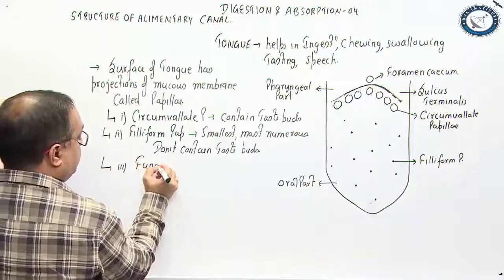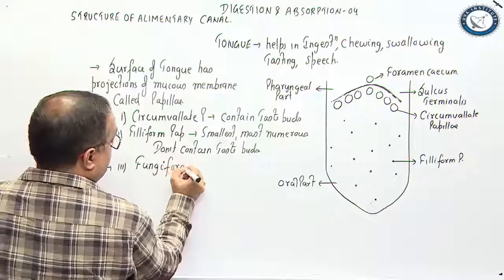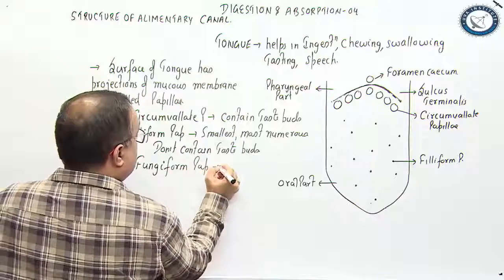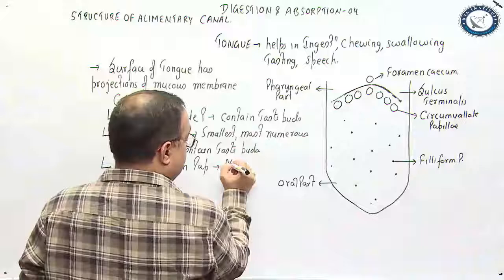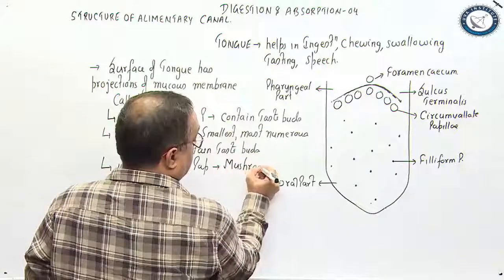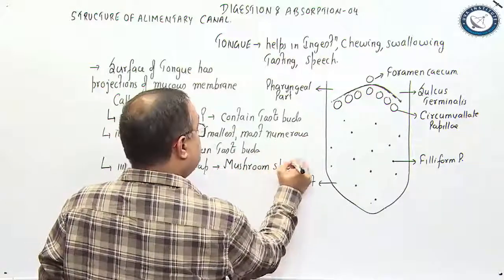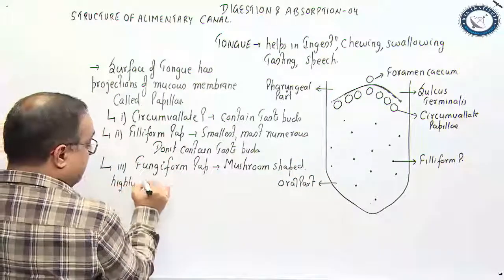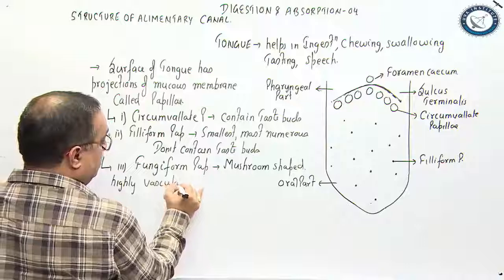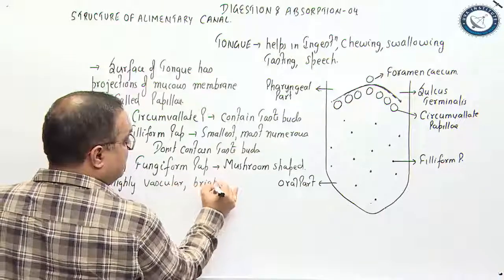Number 3. Fungiform papillae. Fungiform papillae are mushroom shaped. They are highly vascular. Now because they are highly vascular, they appear bright red in color.